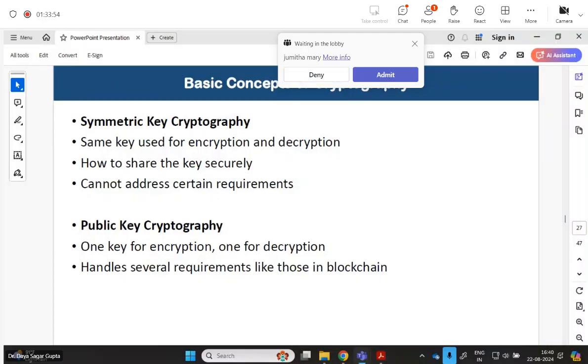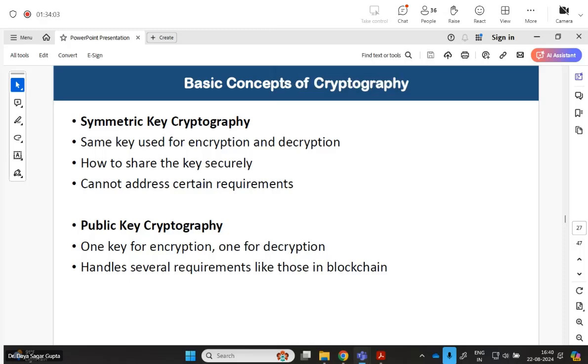What it is saying? You use K1 for the encryption and K2 for the decryption. If you are doing this type of thing, this K1 is going to be called the public key, and K2 is the private key.